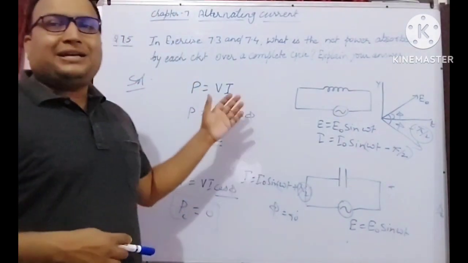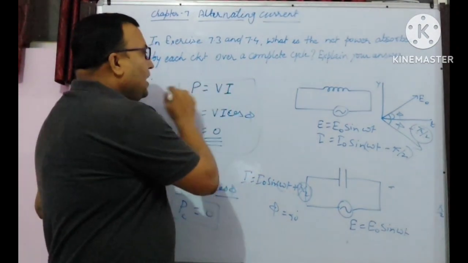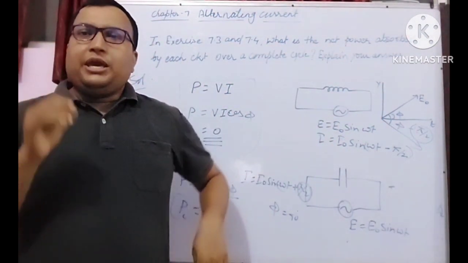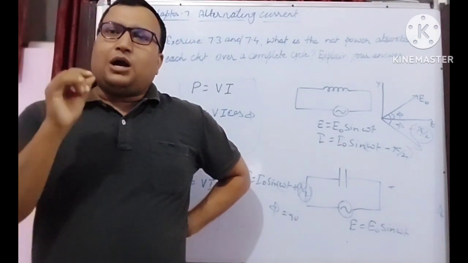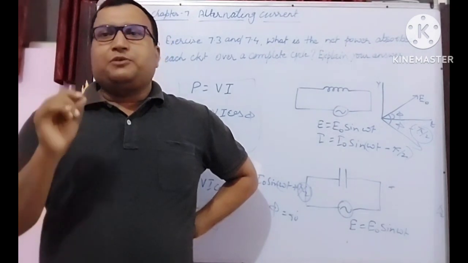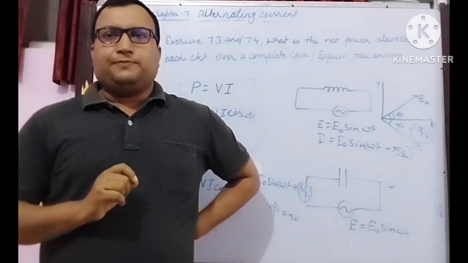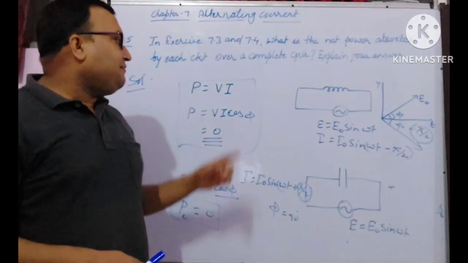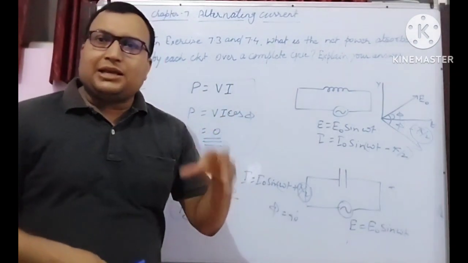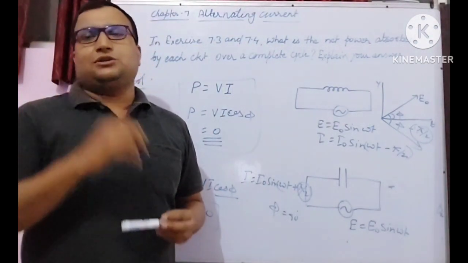This one you have to explain. So when you write the answer now, what you have to do? You write this formula. No need to draw the diagram and all. Just explain that for AC through an inductor, we are finding the phase difference between the EMF and the current is 90 degrees. So when we put the phi value here as 90 degrees, we get the calculation that power absorbed by the inductor is 0.